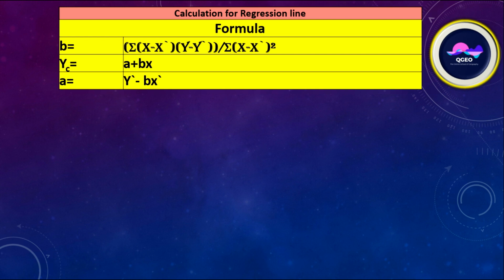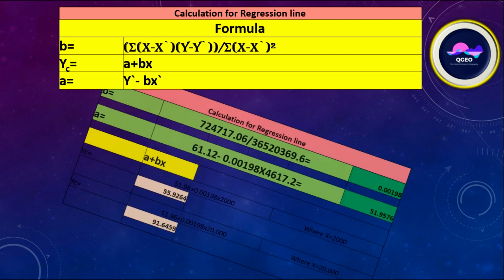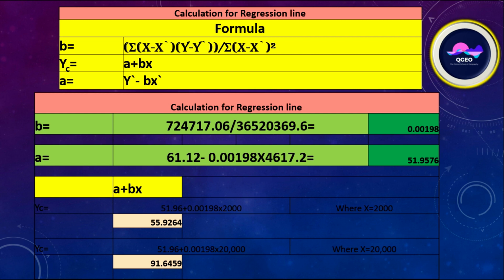Here yc is equal to a plus bx, where a is equal to y bar minus b x bar. In this way, the calculation of the regression line gives b equal to 0.00198 and a equal to 51.5976.